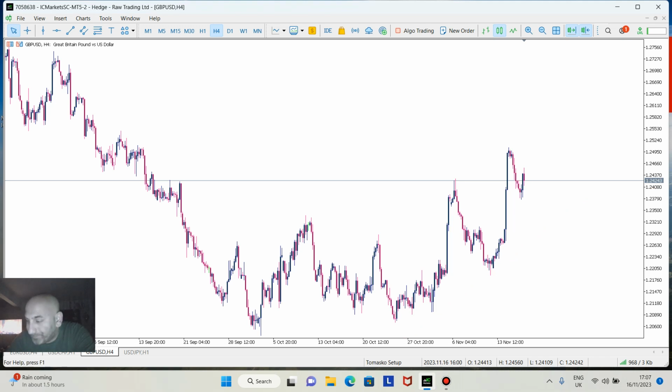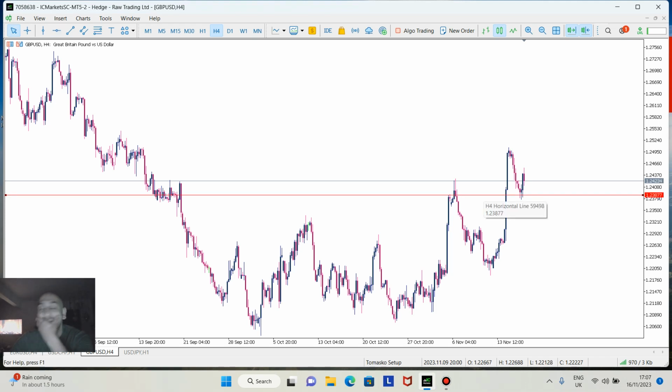So on a higher time frame, you mark out your zones here. This is what I was expecting the price to do, to come back to this price, which is called a retest.